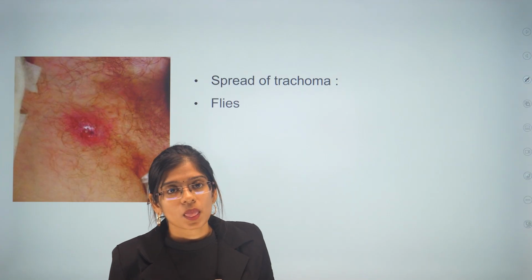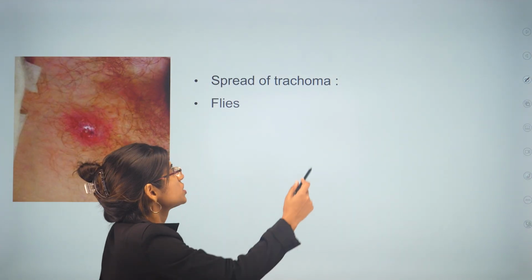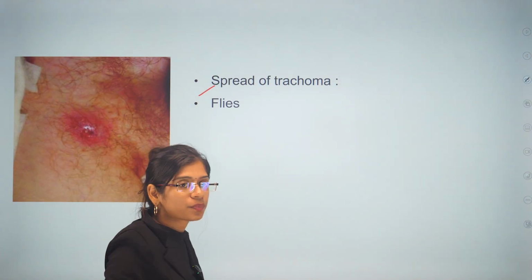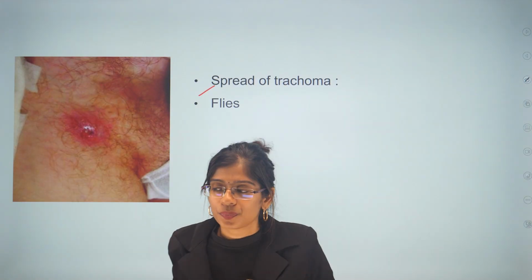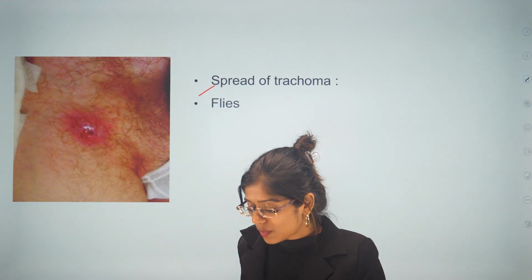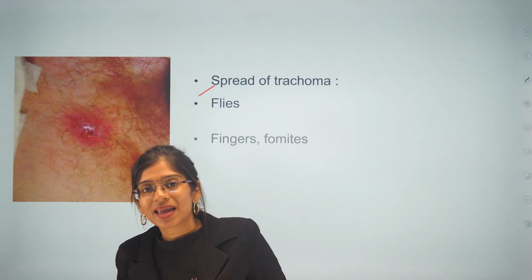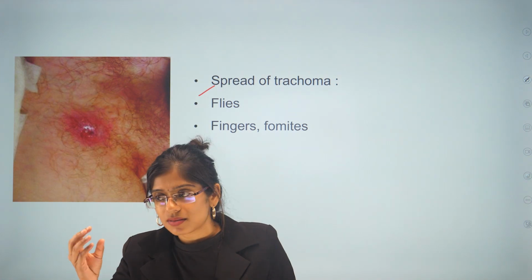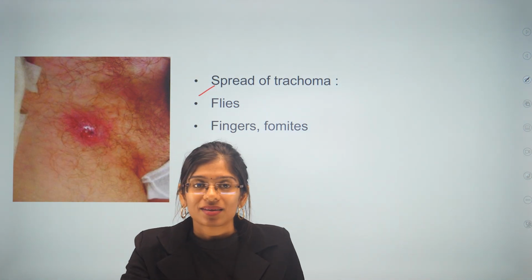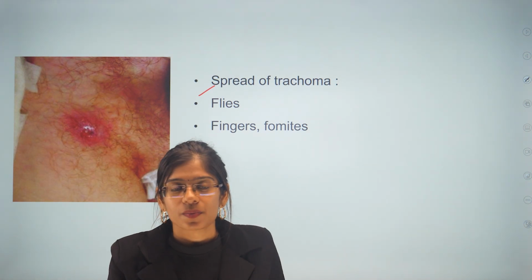Now, how does trachoma spread? Okay, we're coming back to the eye. Trachoma spreads through flies. This infection can be transmitted by flies.